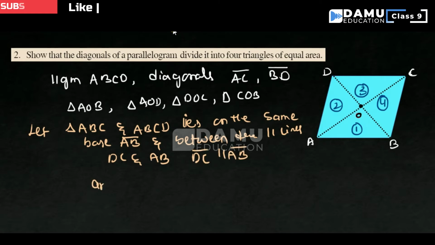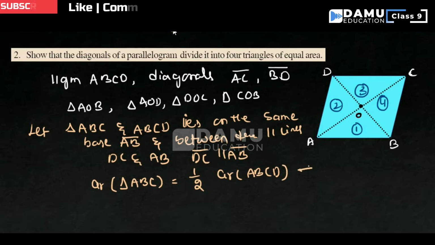That means the area of triangle ABC is equal to half of the area of parallelogram ABCD. Let's take this as equation number 1.